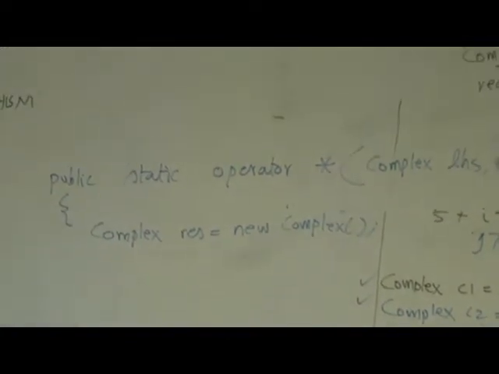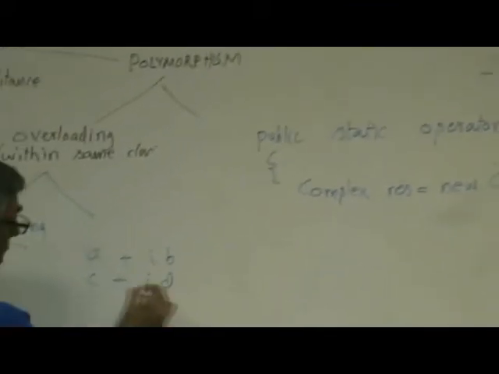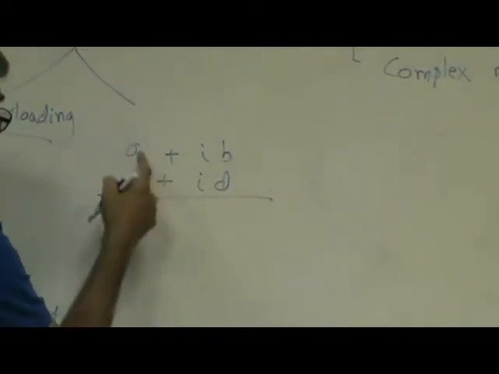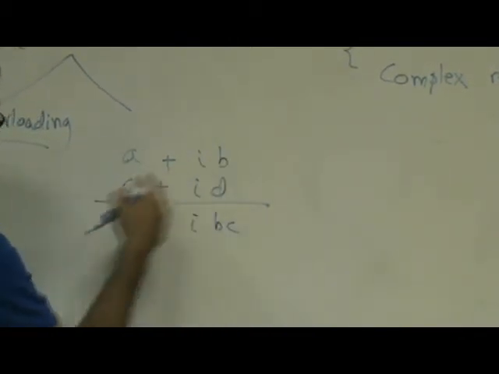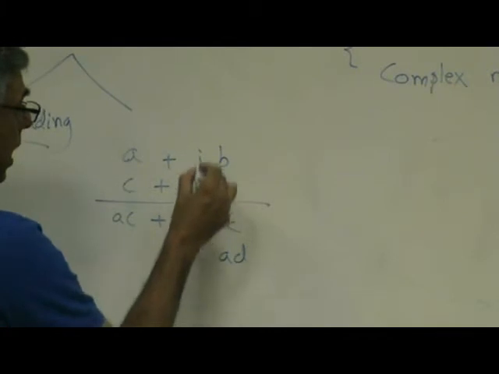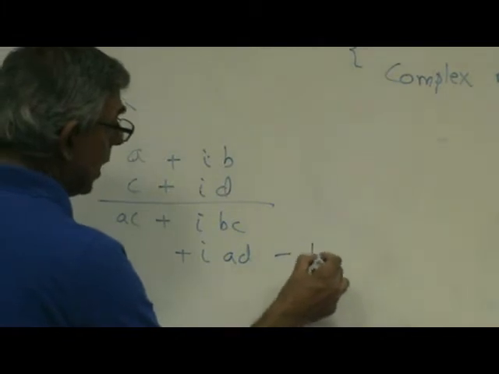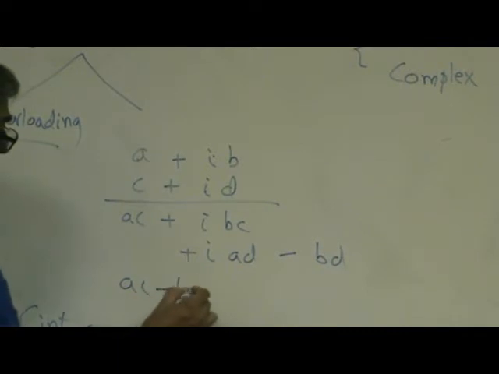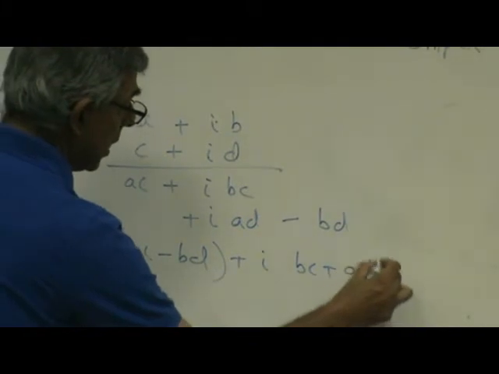And then for multiplying, remember if you have A plus IB, C plus ID, we will do A and C, plus IBC, correct? Then IAD, and I times I is what? Anybody remembers? Minus one, so minus BD, right? So what's the real part? The real part is AC minus BD. What's the imaginary part? BC plus AD.